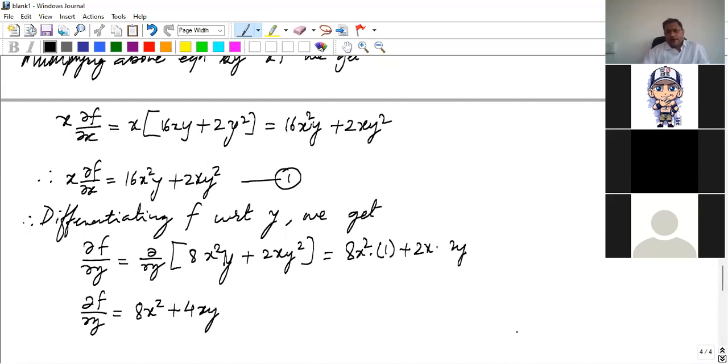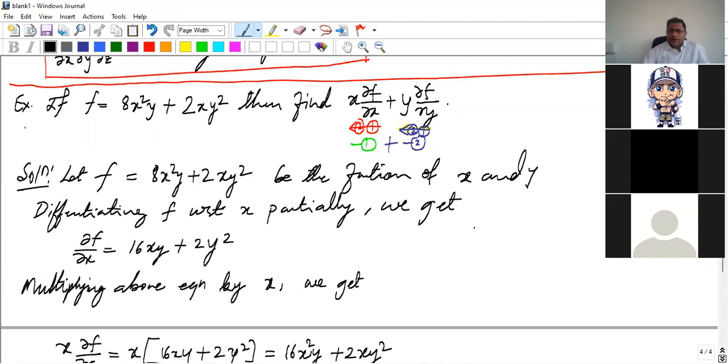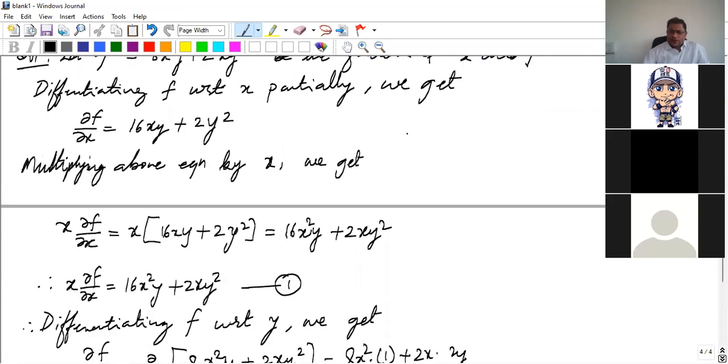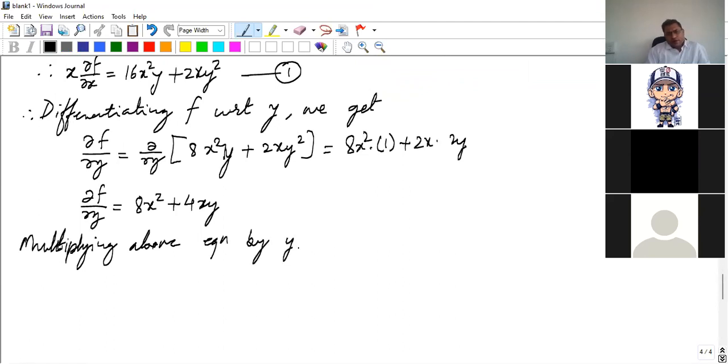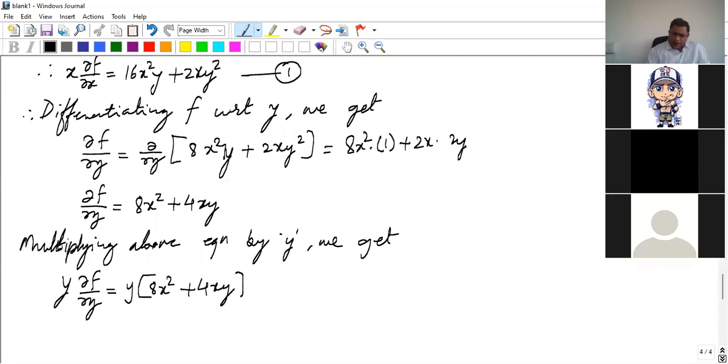Now, what do we have to do next? We have to multiply this by y. So let us multiply this equation by y. Multiplying the above equation by y, we get y double f by double y is equal to y times 8x square plus 4xy.